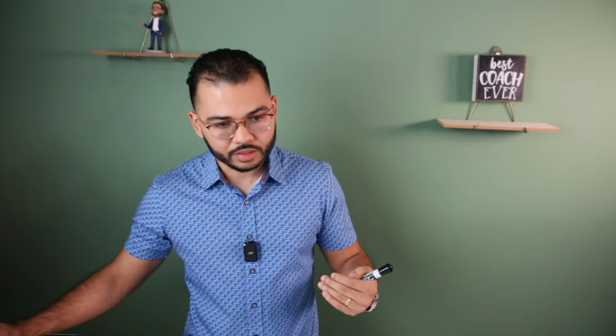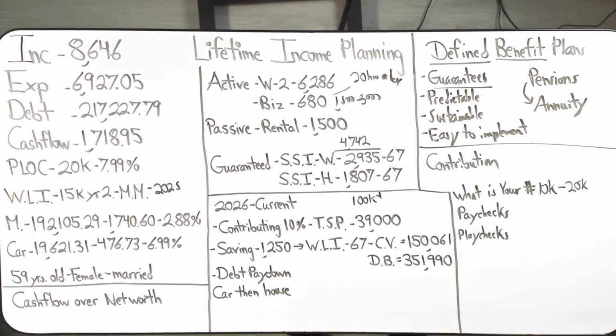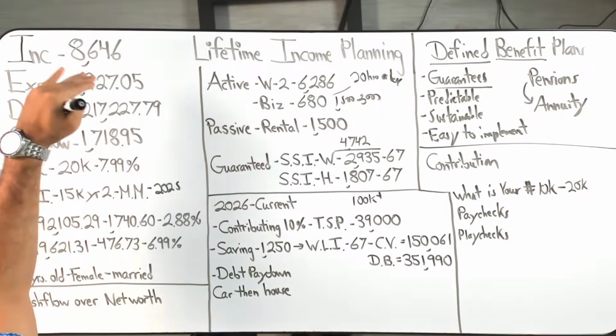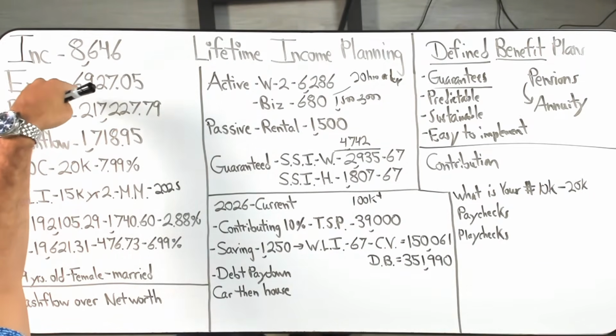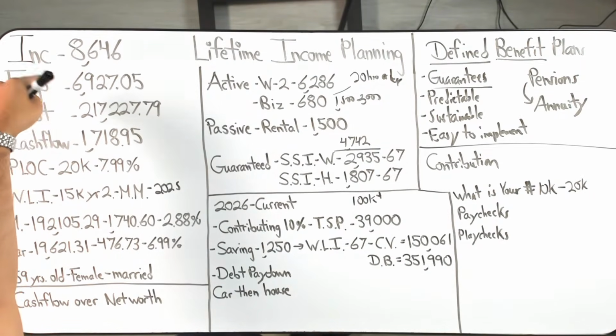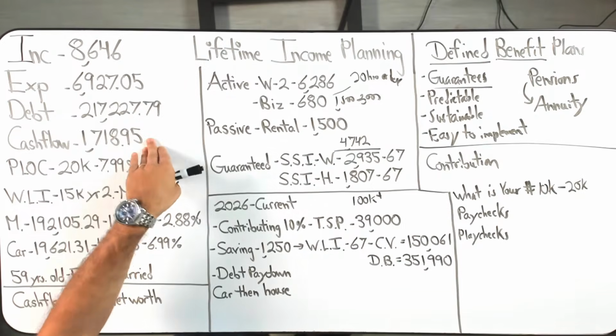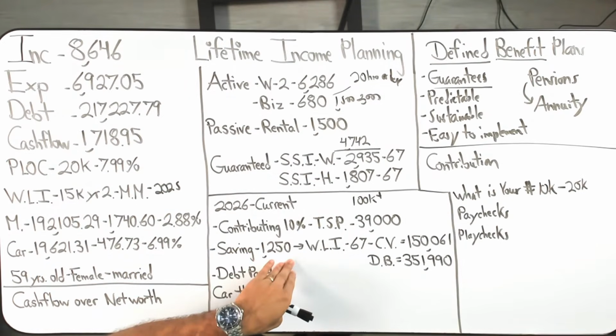In this case, before we retire, in the years between 59 and 67, before we declare that we're retired, right now we're saving money, and I factored it into our expenses. So it's already factored into this $6,927.05, and we have this cash flow of $1,895 per month on top of what we saved, $1,250.